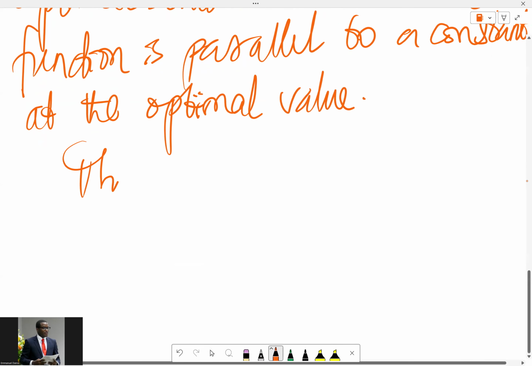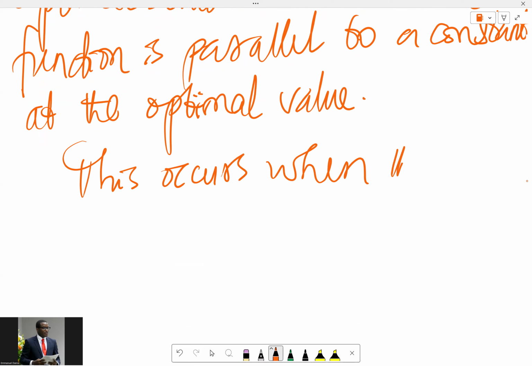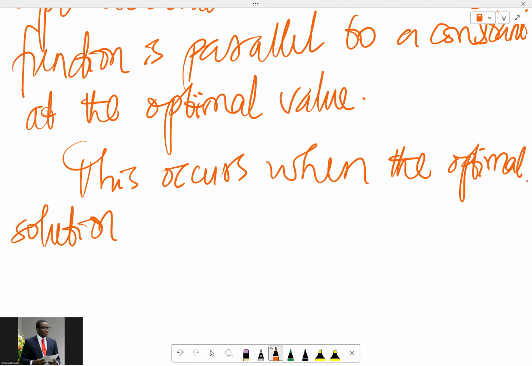So this occurs when the optimal solution is not unique.